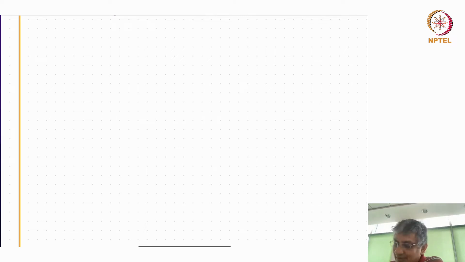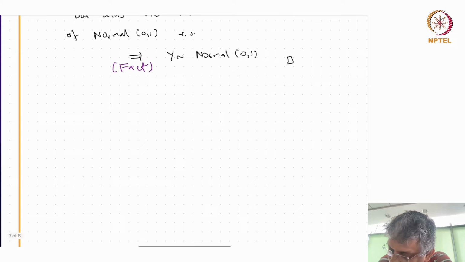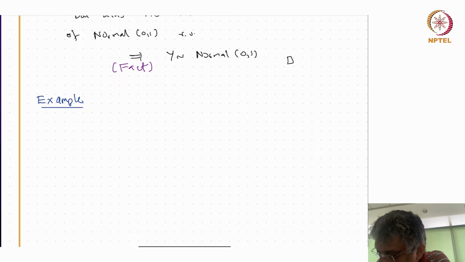So now I'll call this another example. I'll use another fact about normal and moment generating functions along the way, but let me just do it as part of the example itself.